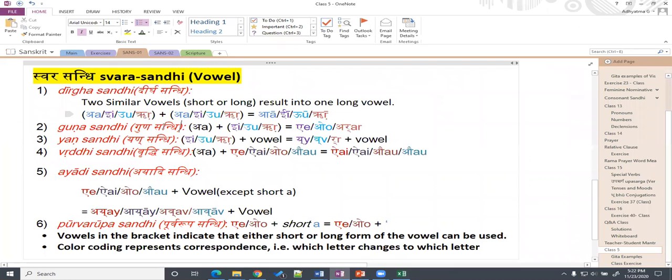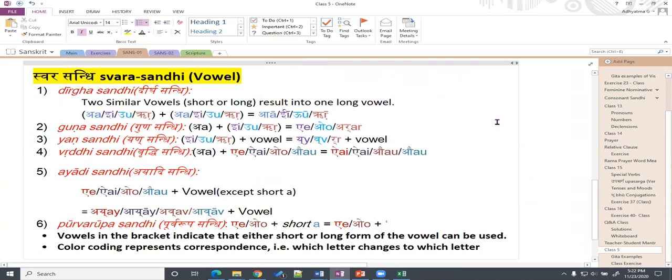So what is the rule here? That when I put in the bracket that first is akara or akara and second is ikara, ikara, ukara, ukara, refa, then both of them together change into akara plus ikara becomes ekara.